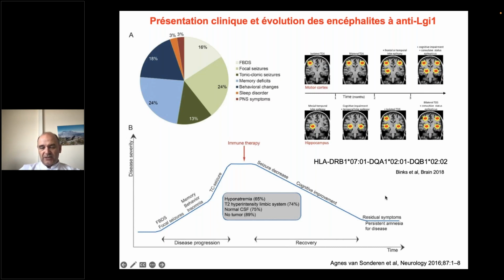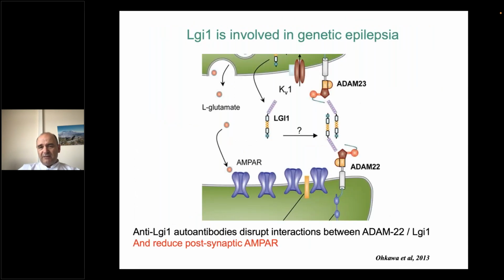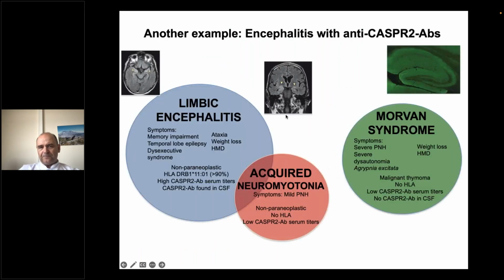But it's not exactly the same as in patients with anti-NMDA receptor autoantibodies, even if some authors described a direct role of the autoantibodies to modify the interaction of LGI1, which is a secreted protein in the synapses, with ADAM proteins, explaining the neuronal dysfunction.